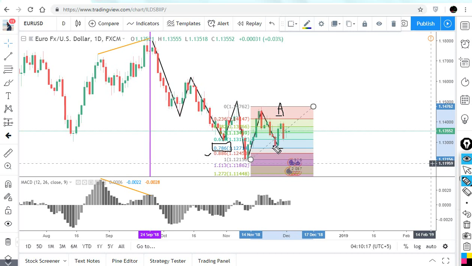So the ideal number is 0.786, but sometimes if it goes to 0.618, it's also a good number. But mostly I see in main charts that the accurate, brilliant number is 0.786. That will be counted for the B part.